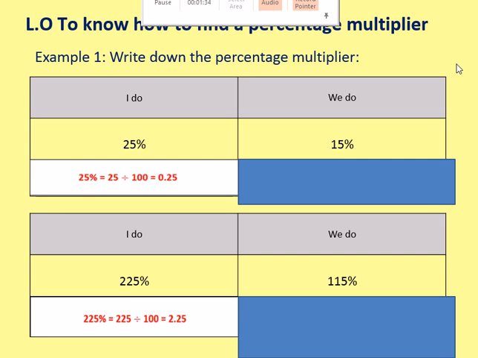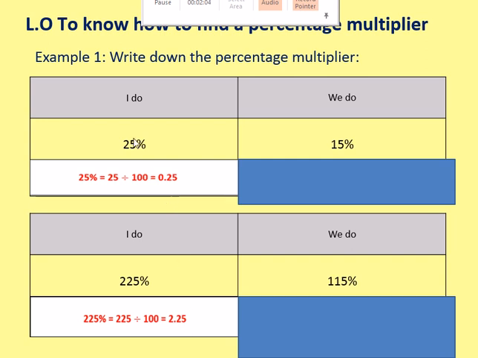So to convert any percentage into a decimal, we simply divide by 100. So 25%, we do 25 divided by 100, which gives me 0.25. And for the next I do, we've got 225%. And again, to convert that to a decimal, we're just going to take 225, divide it by 100 to give me 2.25.